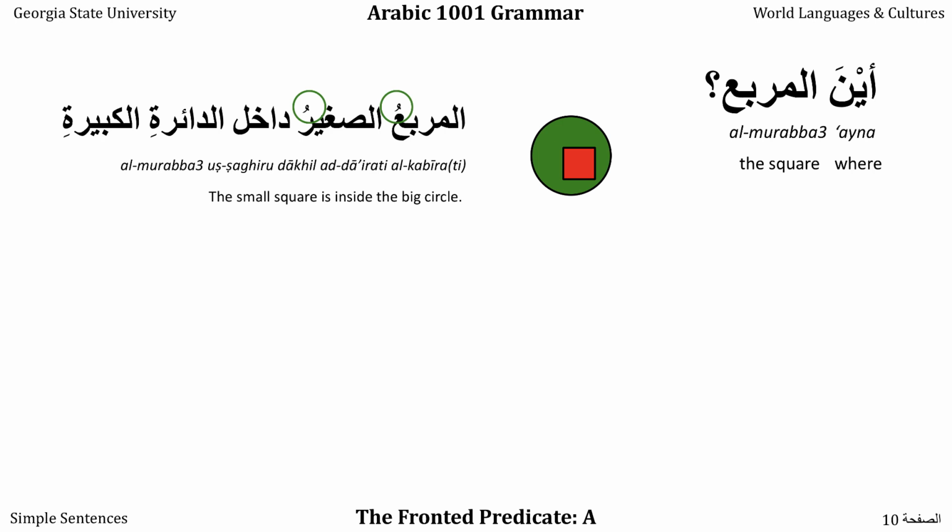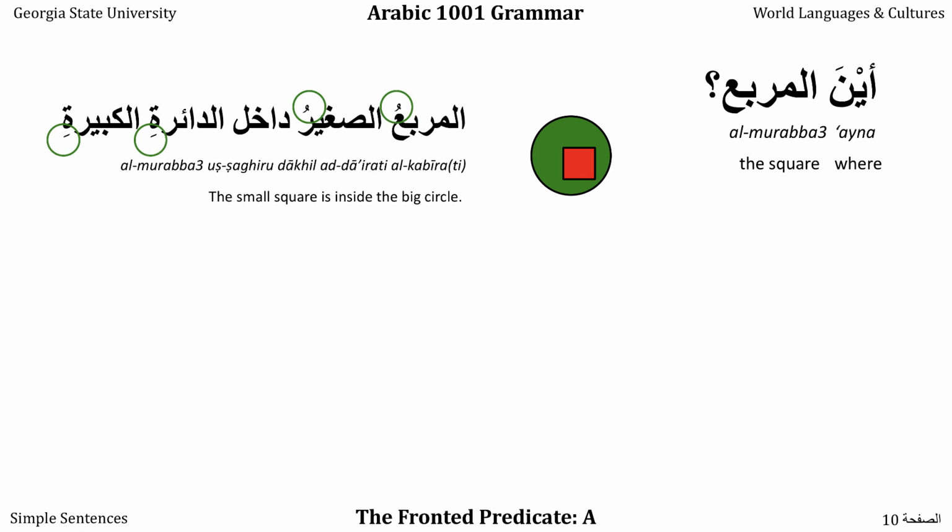However, while al-murabba as-saghir is the subject of this sentence, so it's in the marfu' case, the default case, and they have single dhammas because they're both definite, ad-da'ira al-kabira gets marked with single kasras.